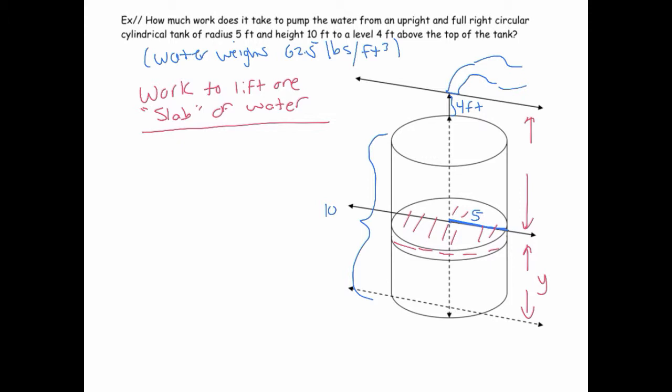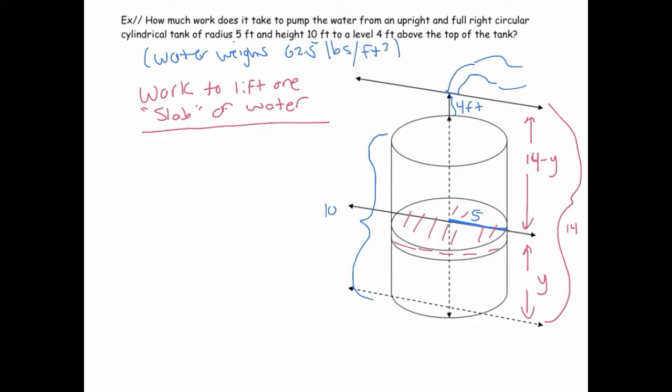So how do I describe that distance? The distance from the ground all the way to there is 14, and if this section is y at the bottom, I have to call this 14 minus y. So I'm lifting that 14 minus y feet. There's my distance. Now what I need is the weight.